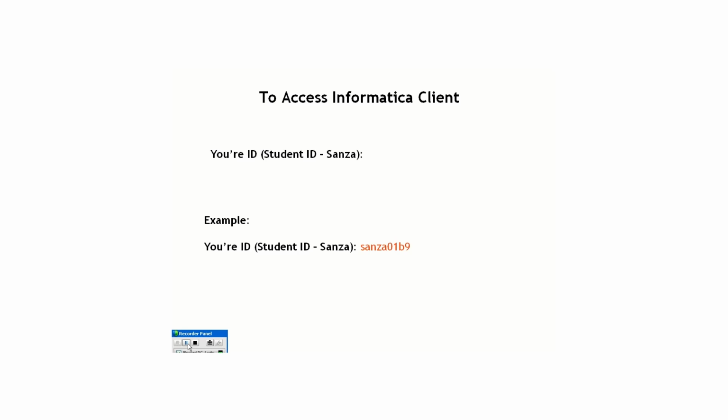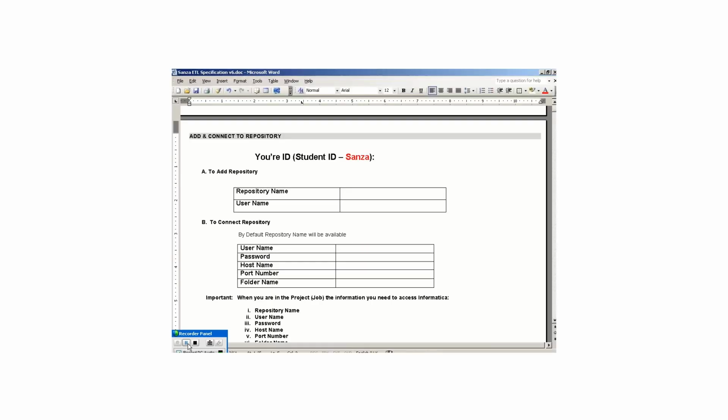Like this, we will be providing you the IDs. So in your ETL specification document on page 2, under student ID, please enter the ID which we have provided you, for example Stanza01B9. Whatever ID we provide you, please enter it in this document.